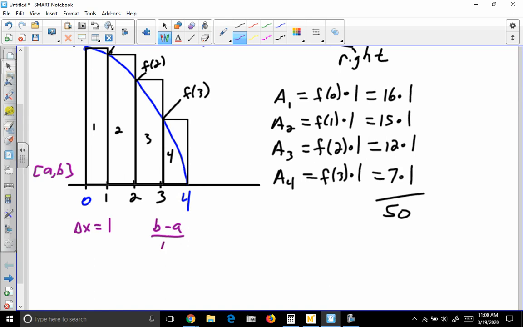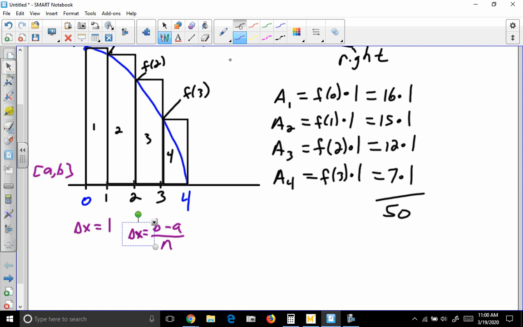That's going to be our n, the number of rectangles. So for ours, 4 minus 0, a width of 4 evenly divided into 4 pieces makes 1. But we need some generic notation so that as our number of rectangles increases, we don't have to redo the problem by hand every single time. So this is our formula to get delta x.